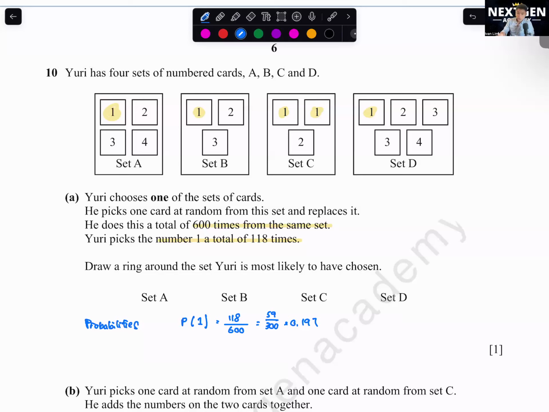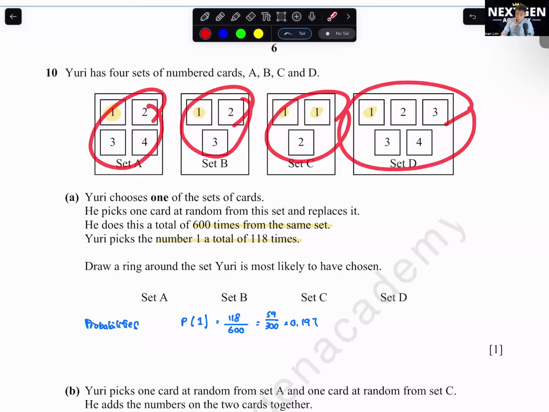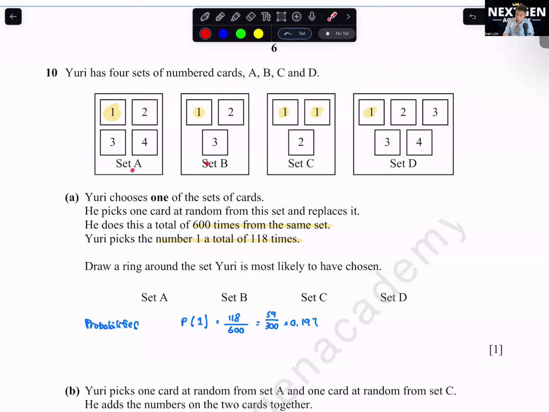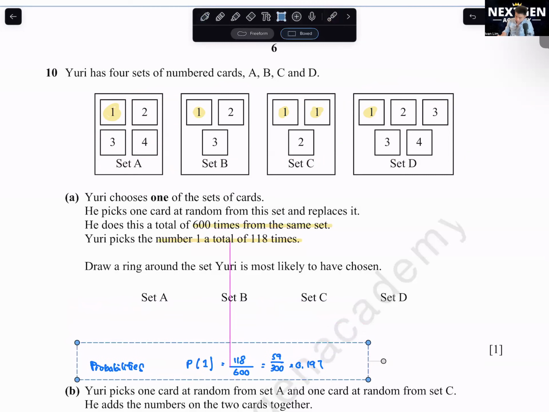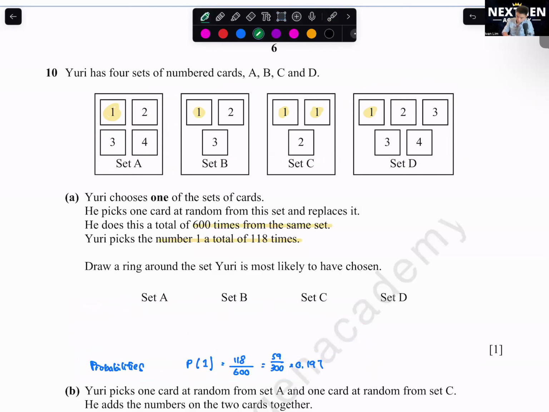Now for all of these sets, calculate the probability of getting one. The first one will be 1 out of 4, right? So for set A, the probability of getting 1 is 1 over 4, which is 0.25 in decimal.